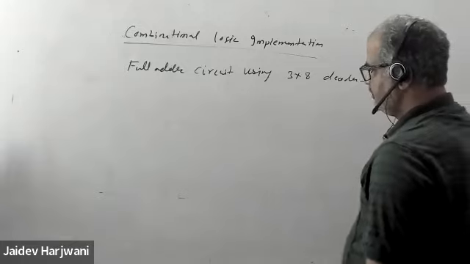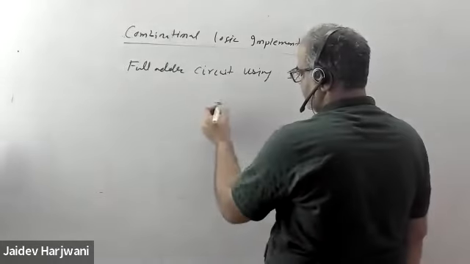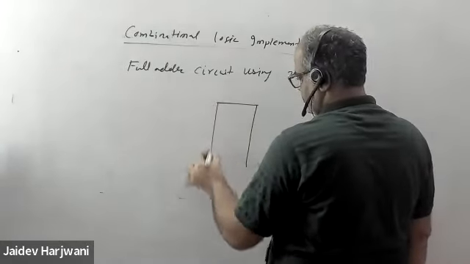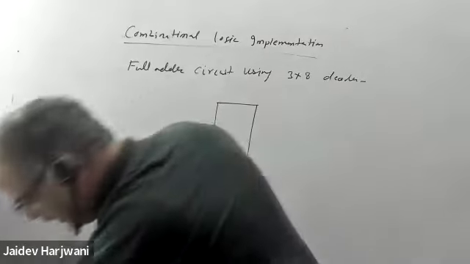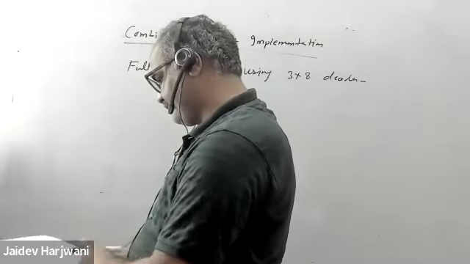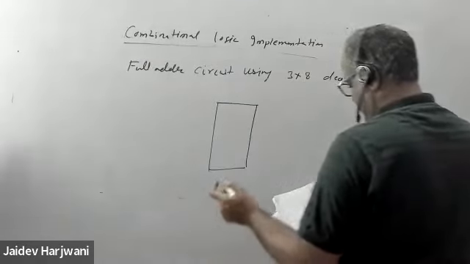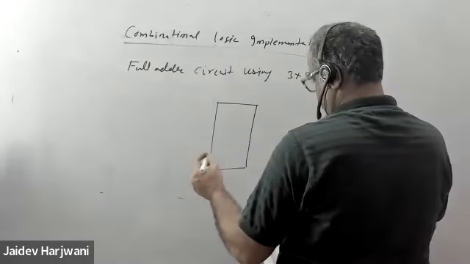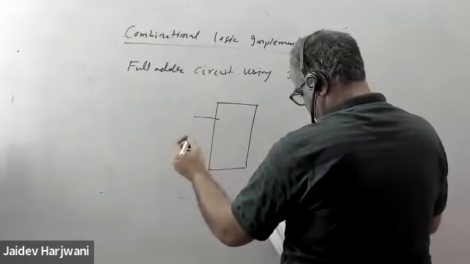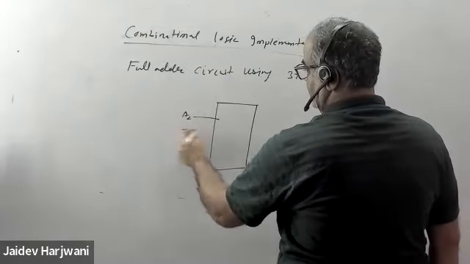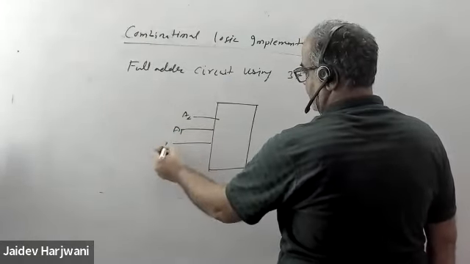Okay, so 3 to 8 decoder means I have 3 inputs and 8 outputs. So these will be your 3 inputs, say A2, A1, A0.